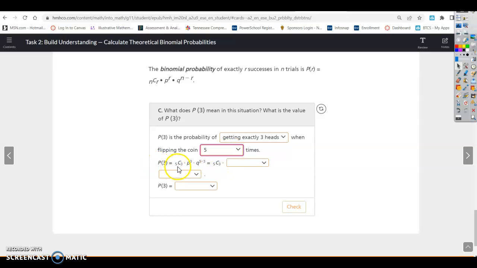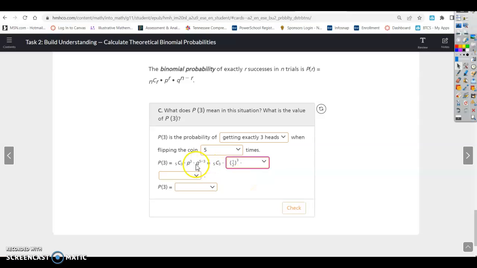P of 3 equals this: 5 combination 3 times, remember this is success, so to get heads is 1/2, and we want to do that to the 3rd power, and then failures would be 1/2 to the 2nd power.